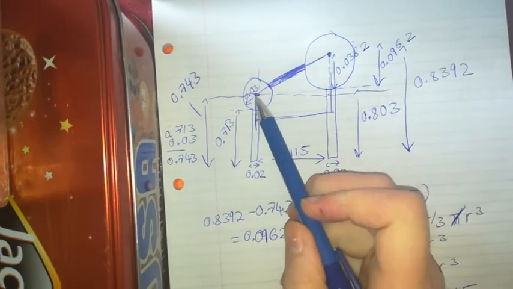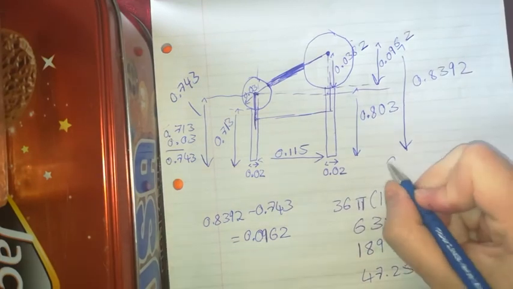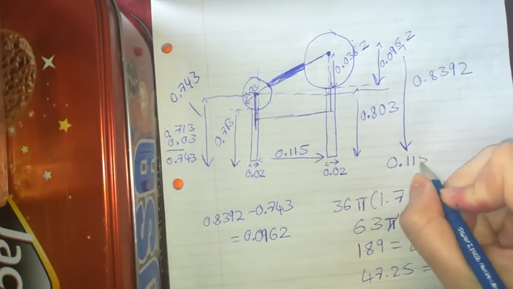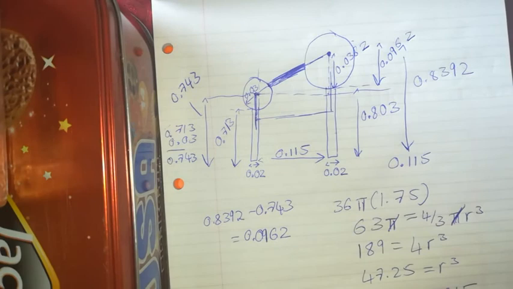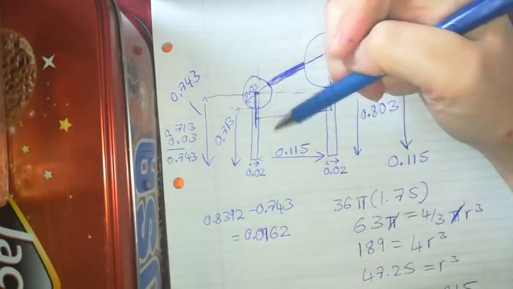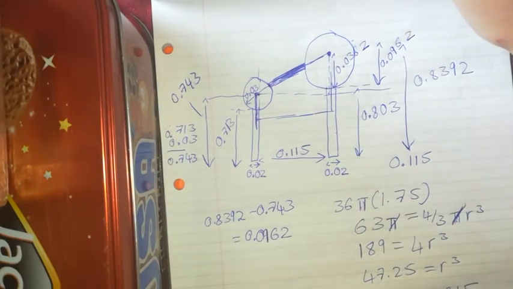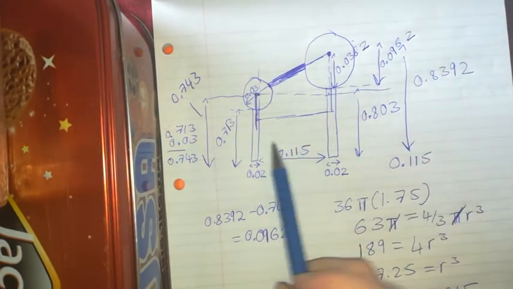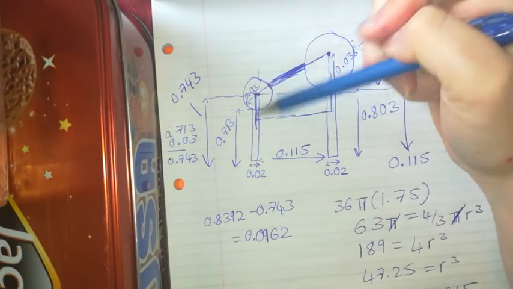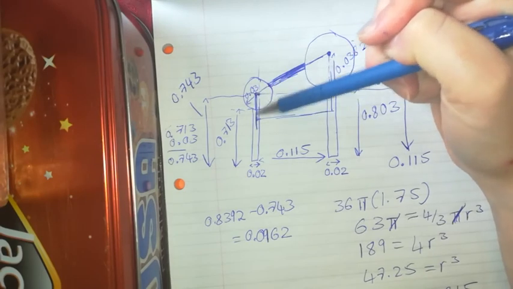If I want to get the distance in between the two centers, it's going to be 0.115 plus the radius of this one, plus the radius of this one. The center of the circle is attached to the center of the cylinder.